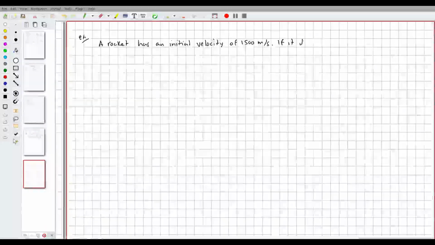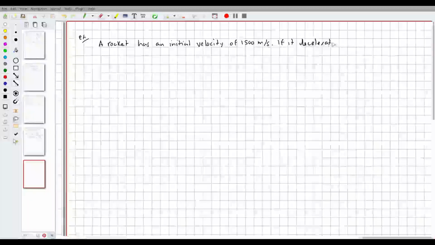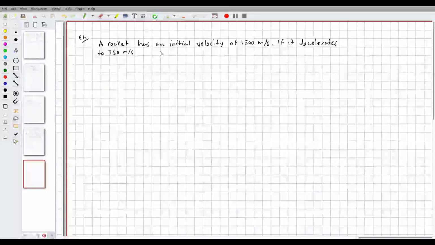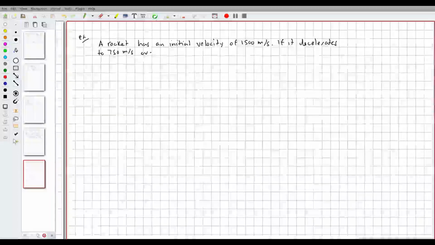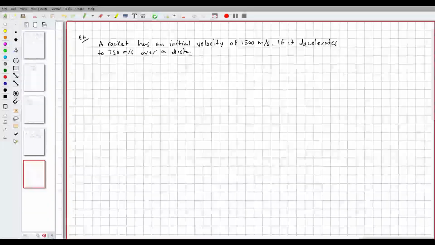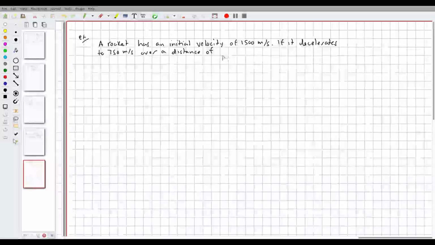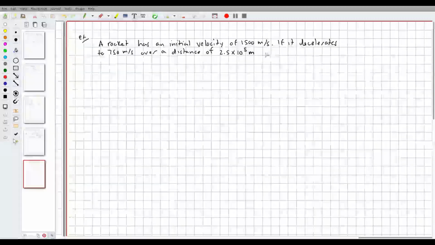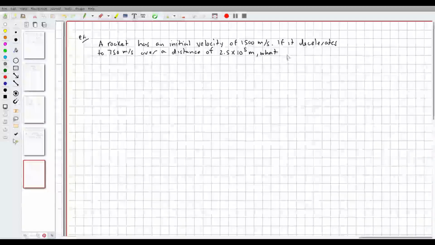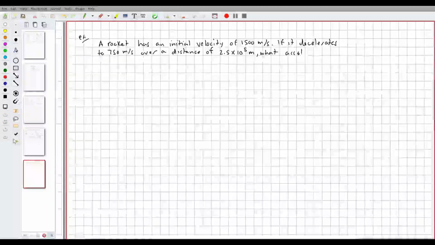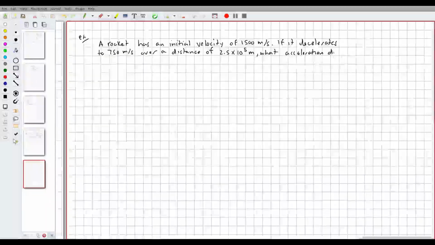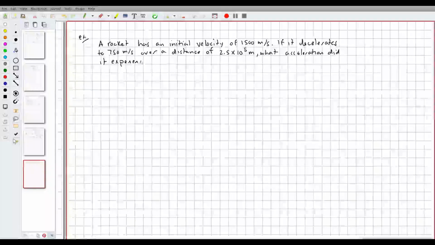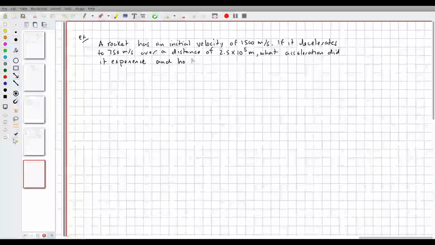If it decelerates to 750 meters per second over a distance of 2.5 times 10 to the 5th meters, what acceleration did it experience? And how long did it take?